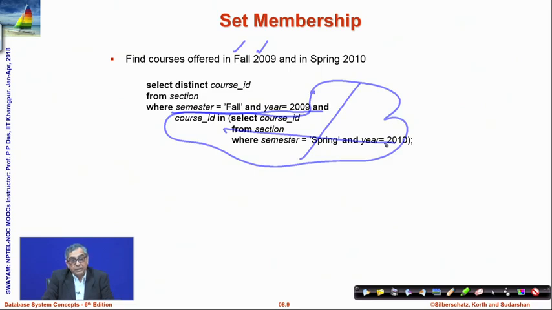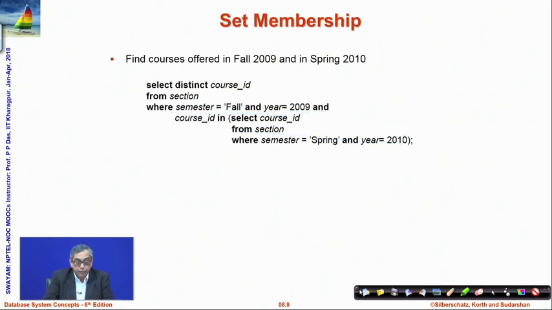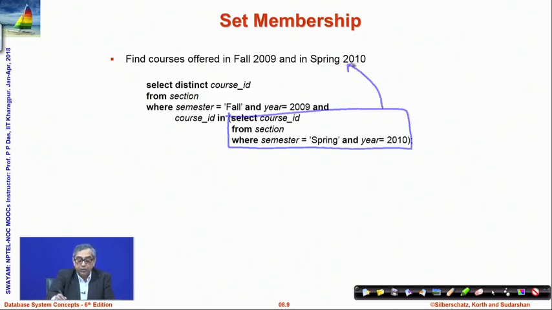But we want the courses that are in fall 2009 and in spring 2010. So, we do something interesting. We write a separate query here, which is courses that are offered in spring 2010. Select course ID, just in the same way, from section, semester, year. So, this particular query will give me the courses offered in spring 2010.